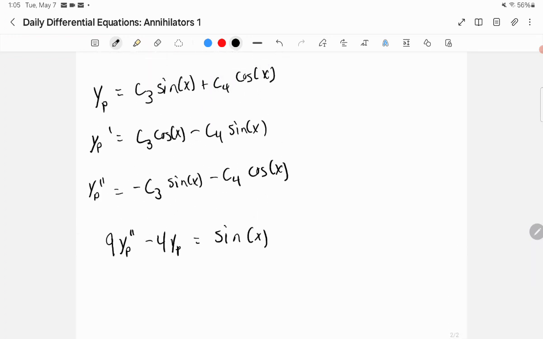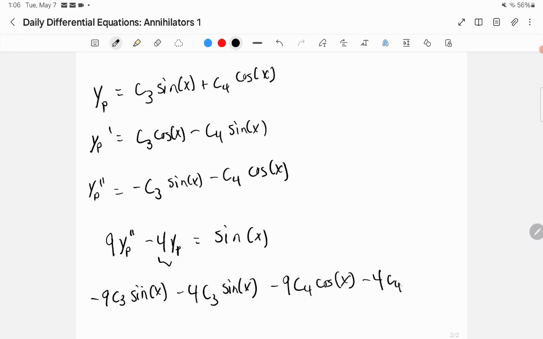And now I can substitute in those terms, so I get minus 9 c3 sine of x, and then minus 4 c3 sine of x, and then minus 9 c4 cosine of x, and minus 4 c4 cosine of x is equal to sine of x.